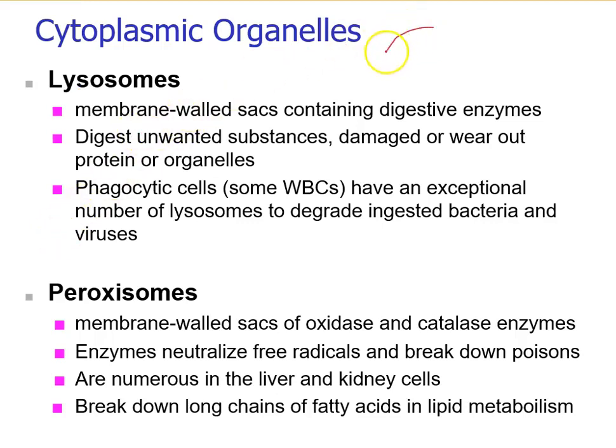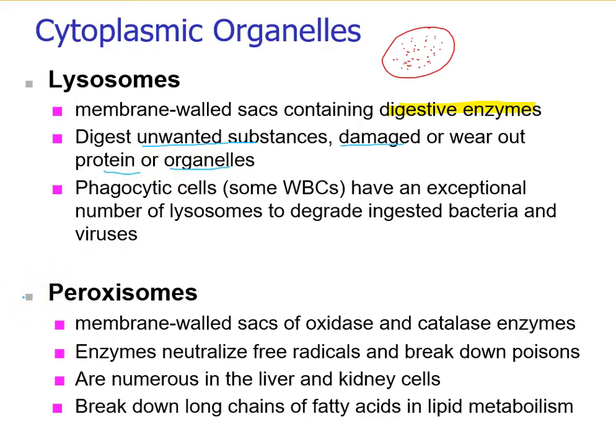So just draw a membrane bound sac, and inside of this sac or vesicle we have bunches of digestive enzymes, or hydrolytic enzymes, which can break down the unwanted substances, damaged or worn out proteins or organelles found inside of the cell.